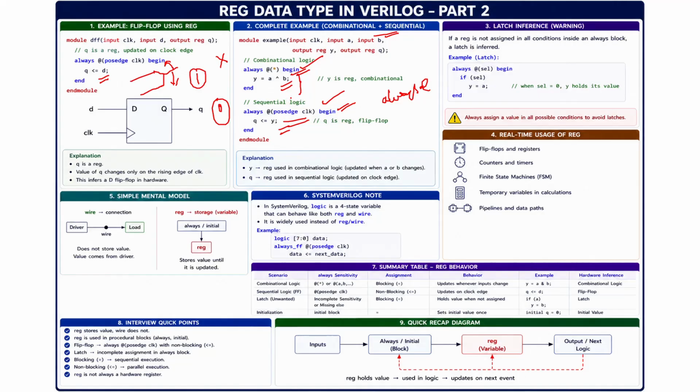You will get a conflict and an unknown value. Similarly, if you use one always begin for a D flip flop, and then another always begin for an RS flip flop, you will get the conflict. Clear? Because I'm driving two different values, I'm getting the conflict here.